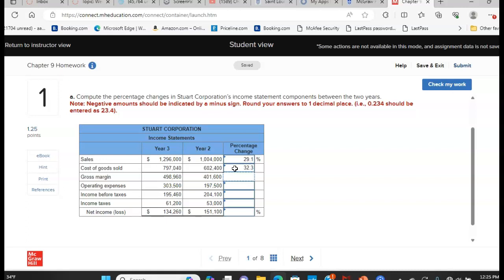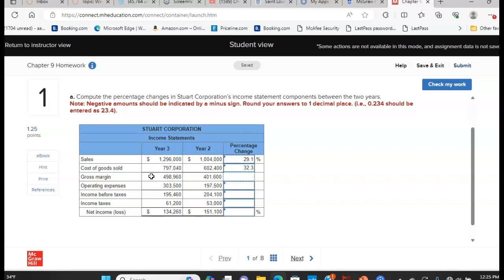All right. And now remember that if the numbers increase, you would show it as a positive. If anything decreases, it would be shown as a negative. For our gross margin, you have 498,960 minus 401,600, a difference of $97,360.